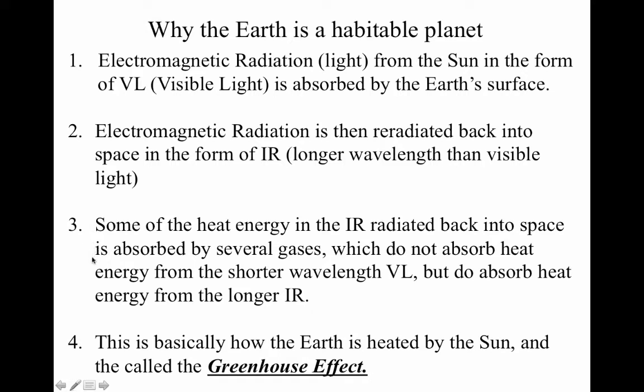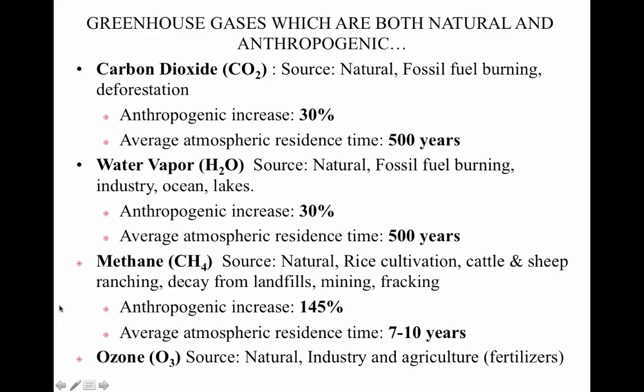Some of the heat energy in the IR that's radiated back towards space is absorbed by several gases which do not absorb heat energy from the shorter wavelength visible light. Again, but they do interact with the infrared light. And this is how the Earth is heated by the sun, and this is the greenhouse effect.